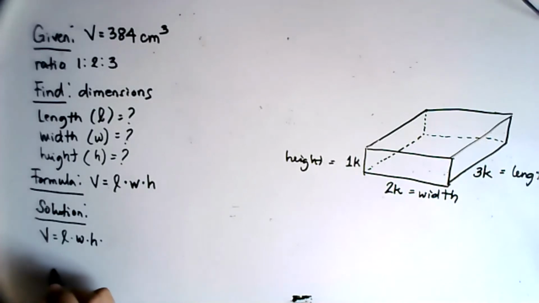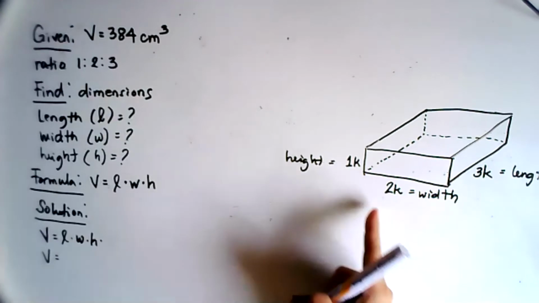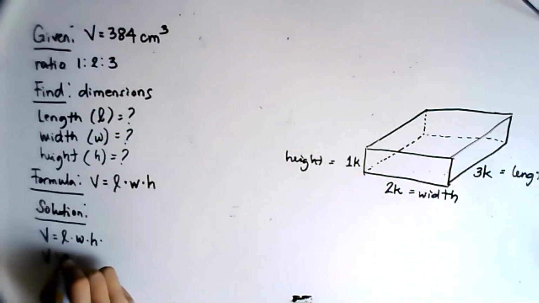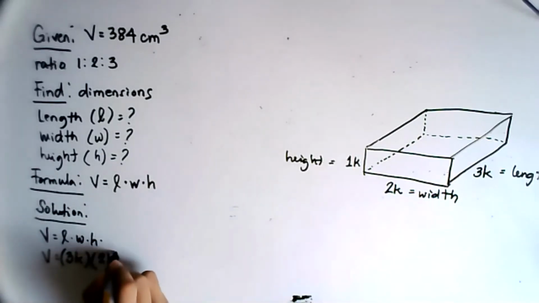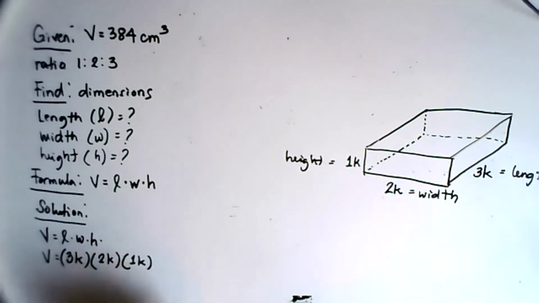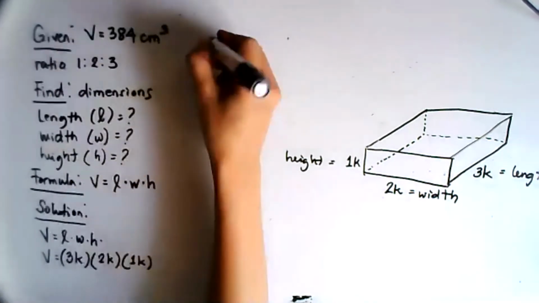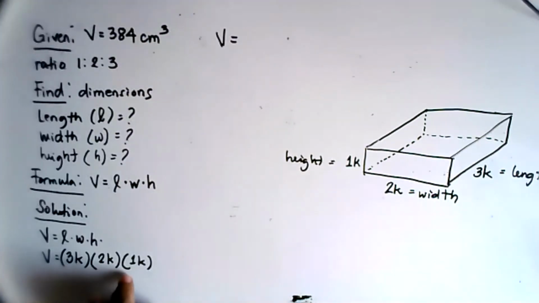So that would mean we have volume is equals to, what is the length? The length that we represent is 3K. And the width that we represent is 2K. And the height is represented by 1K. So that would mean the volume will be equal to 3 times 2 times 1.